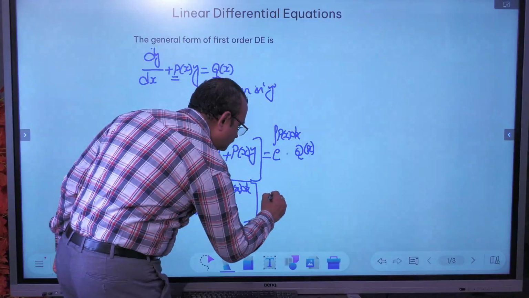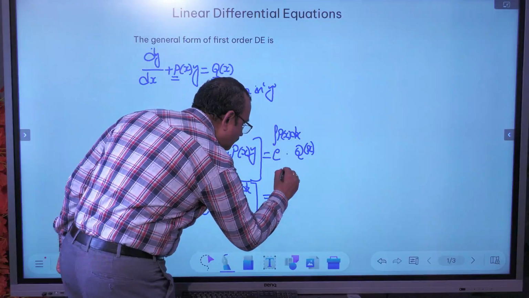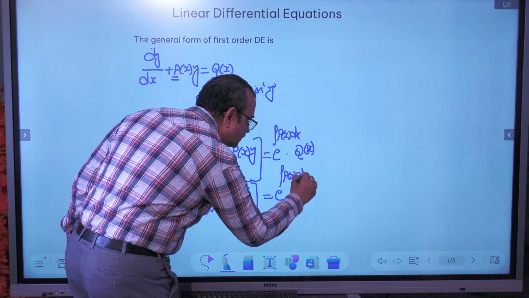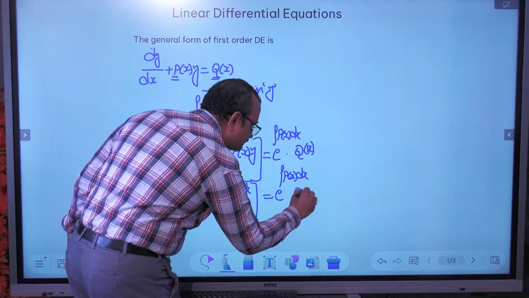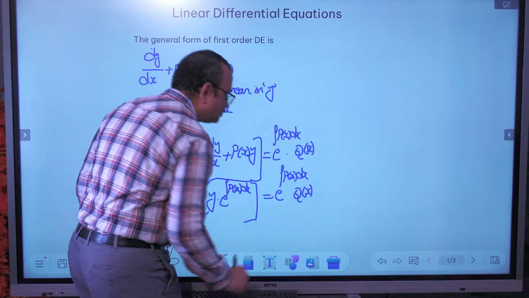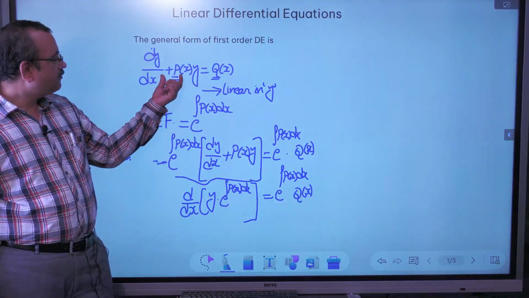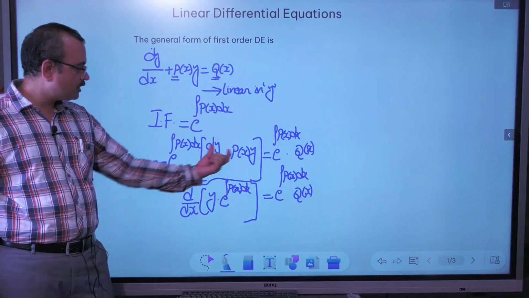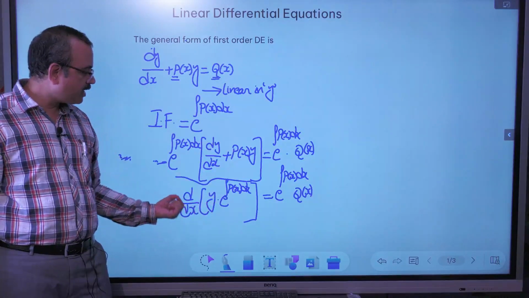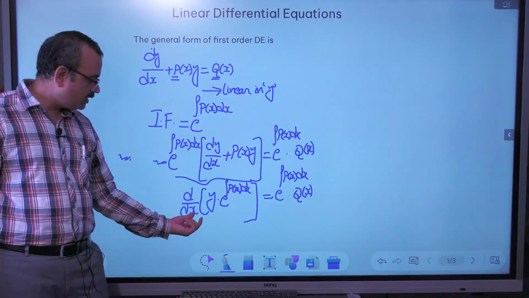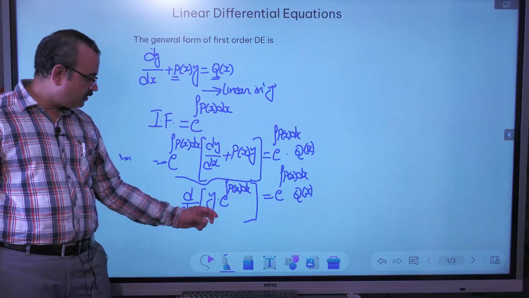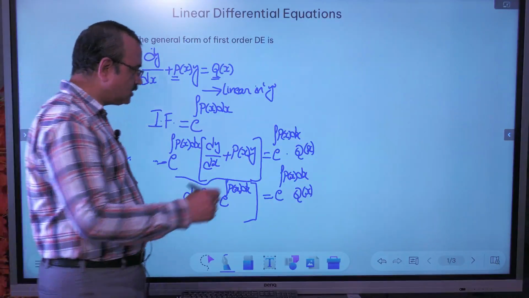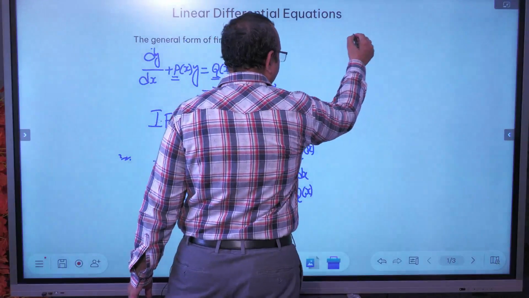Which is equal to e power integral p of x dx into q of x. So by multiplying the differential equation with the integrating factor e power integral p of x dx on both sides, the entire left hand side of the equation gets reduced to an exact differential of y into e power integral p of x dx. Now you just integrate this on both sides.